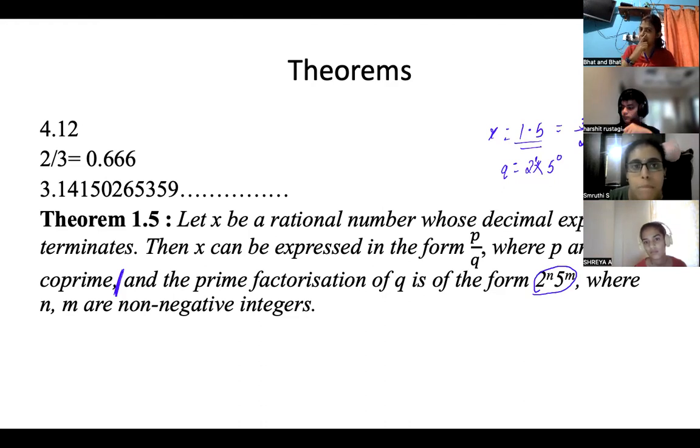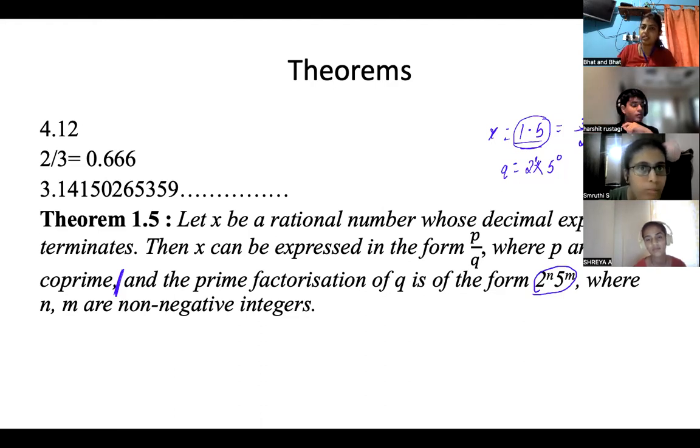So now what did we do? X is a number whose decimal expansion is terminating. Then x can be expressed as p by q, where p and q are co-primes, correct?